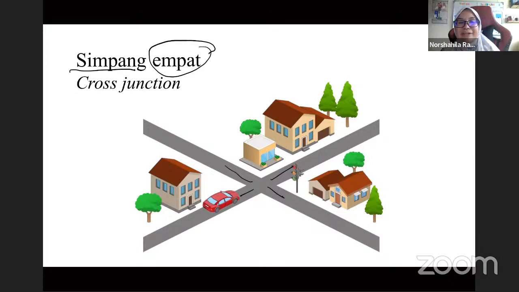Okay, because we not only have the simpang empat, sometimes we do have a simpang lima. Okay, a simpang lima is quite confusing, but we do have this kind of road. If I'm not mistaken, I just passed this kind of road. It's very confusing, and my brother said, "Oh my God, it's very confusing. How can you read all the road?"